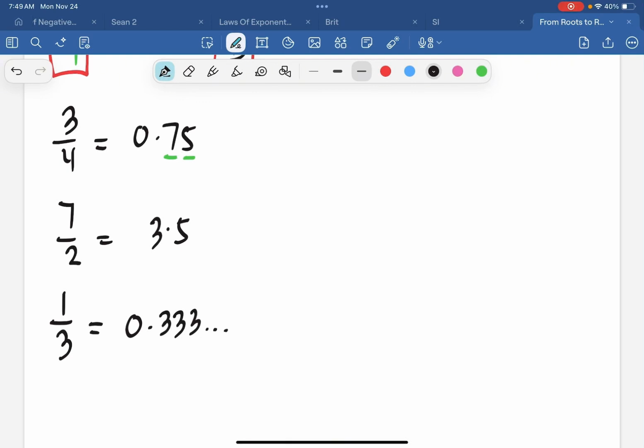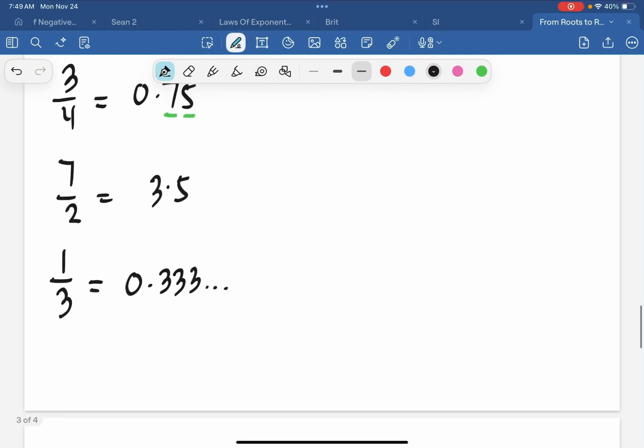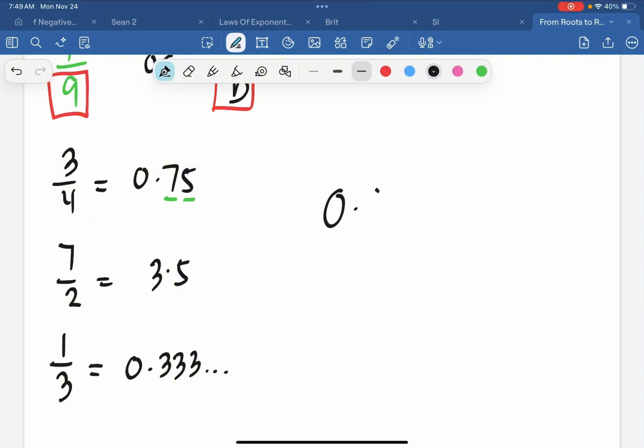If you also have, for example, 0.11221122, and we see that the pattern is there despite being infinite in the decimal part, this is also an example of a rational number.